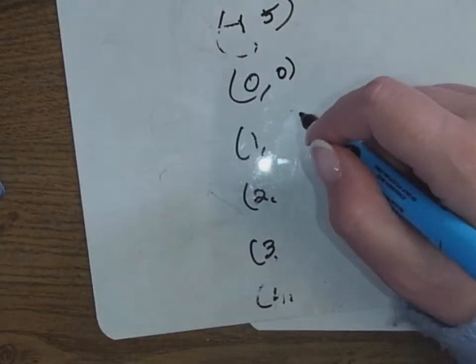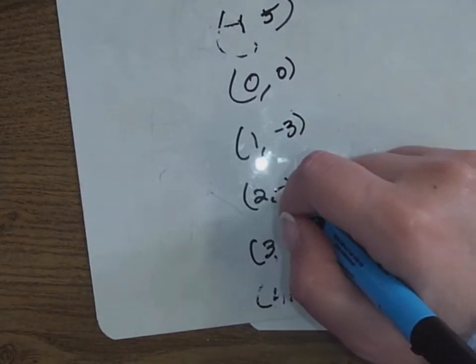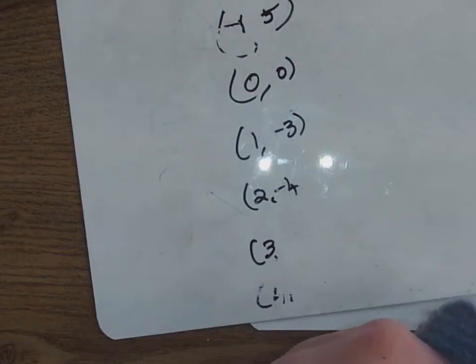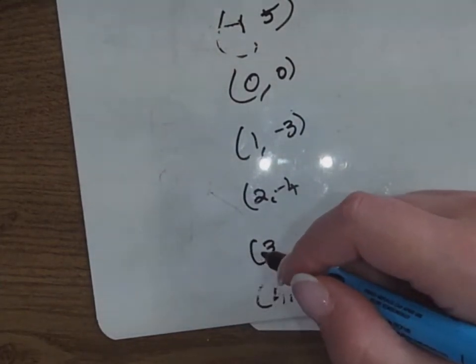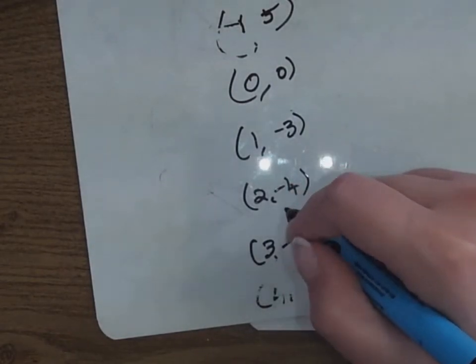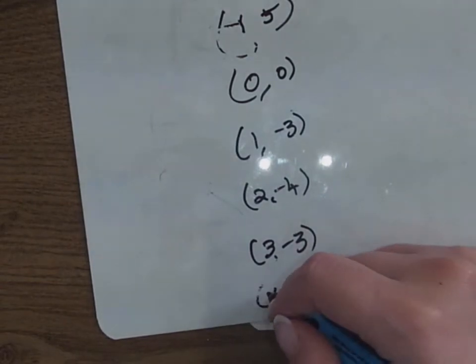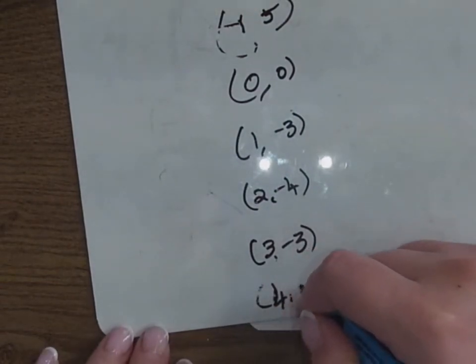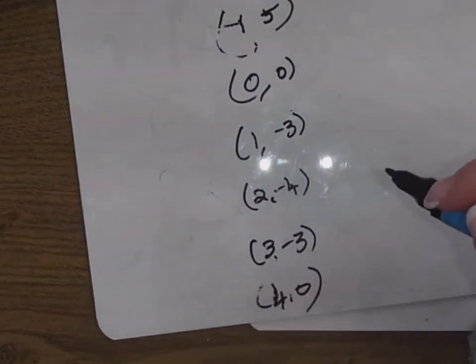Then it's 1, minus 3, 2, minus 4. Then I have to use the down arrow to get the next ones. It's 3, minus 3, and it would be 4, 0. Is that okay? And I know I need to end up with a smiley face.